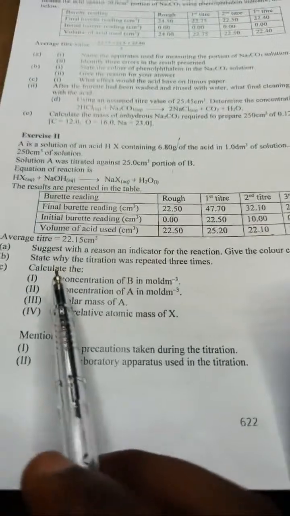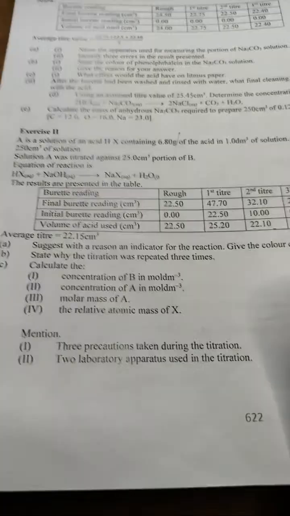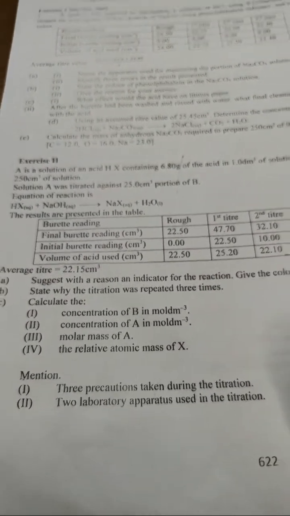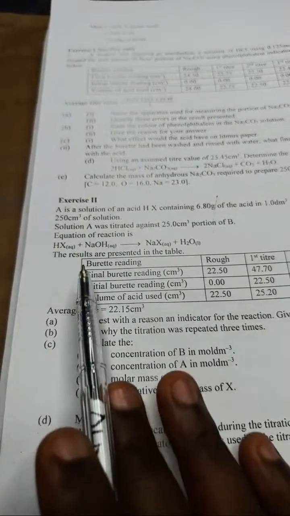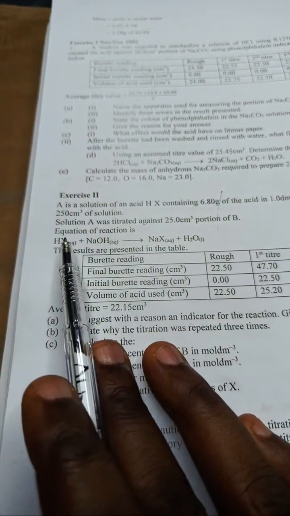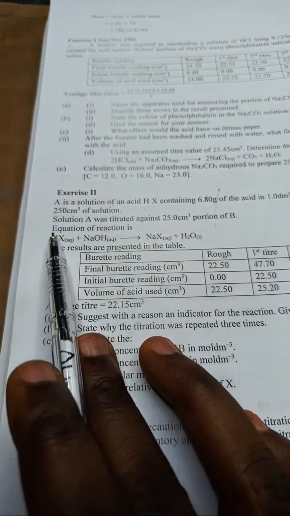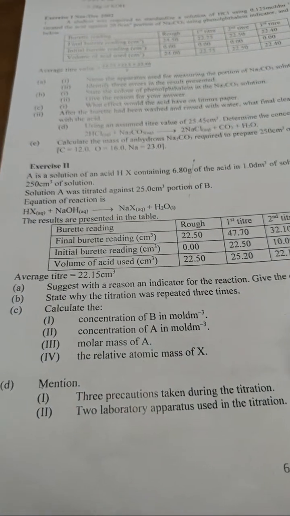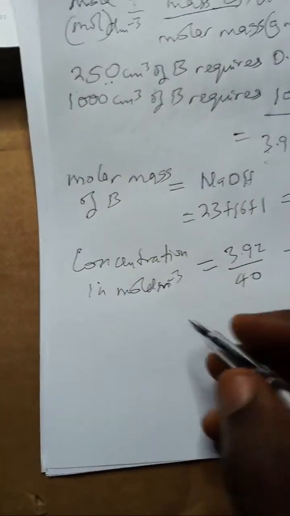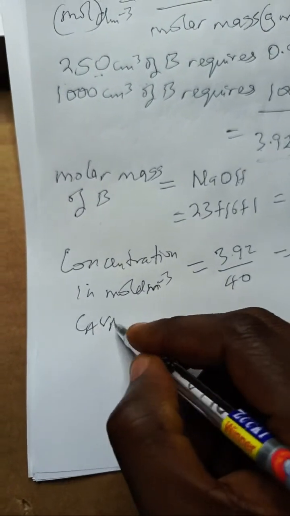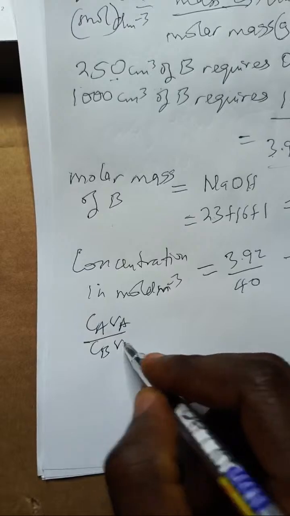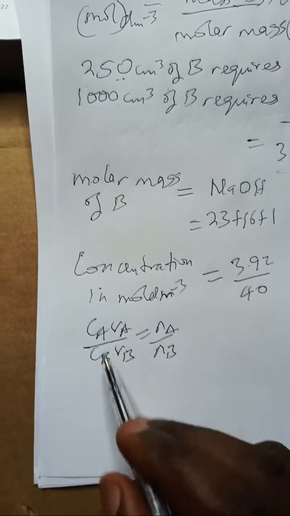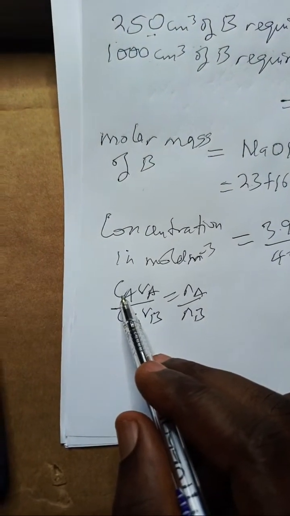So we are asked to calculate the concentration of A in moles per dm cube also. To do this, we have to use our CAVA is equal to CBVB. Looking at this, the number of mole of A acid is 1. Number of mole of base is also 1. So it will be 1:1. So we have to use CAVA over CBVB is equal to NA over NB. Let's go for the values one after the other.